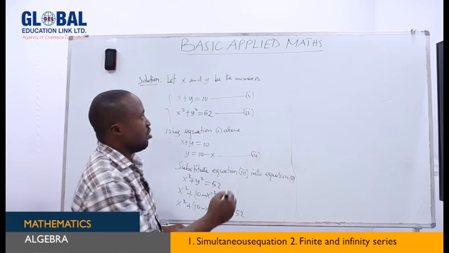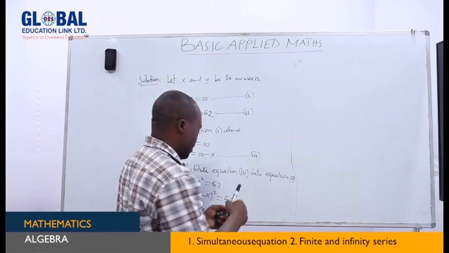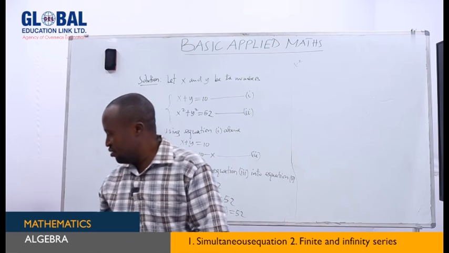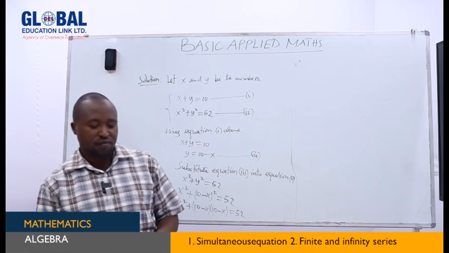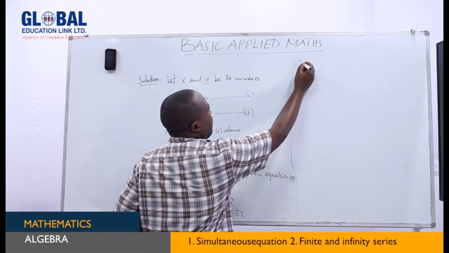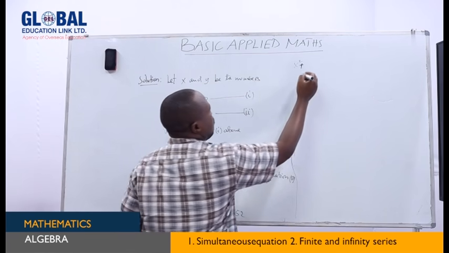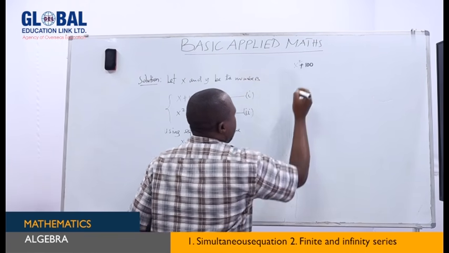We have x squared, plus 10 times 10, that is 100.